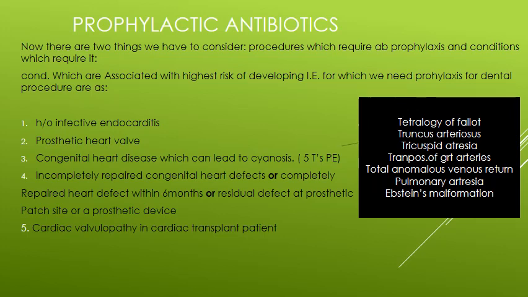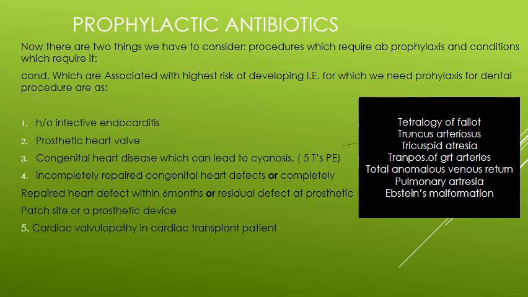If it is completely repaired and the patient comes to you within 6 months, you will choose prophylactic antibiotics. If the patient comes to you after 6 months of complete repair, then you do not have to give prophylactic antibiotics. And if there is still some residual defect even after treatment at the prosthetic site, then you again have to give the prophylactic antibiotic.